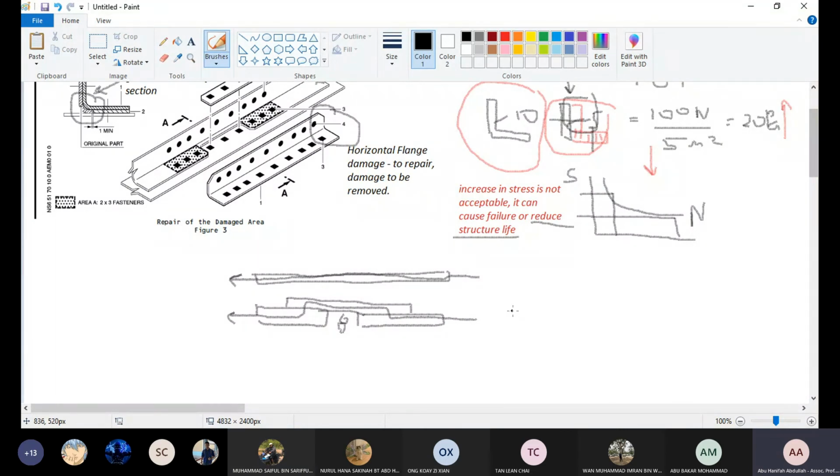Okay, the engineering of this is, we have this plate and we have this plate. You only remove this area and you put a splice plate, and then you put say two fasteners, two rivets. If we pull this plate with say 100 Newton, the 100 Newton will be shared by these two.